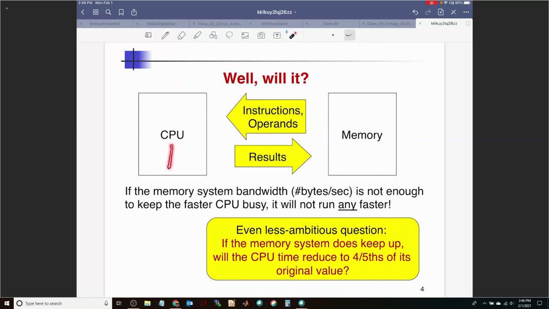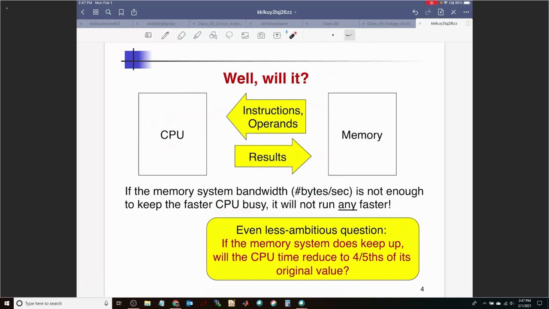that is consistent. However, the time an instruction takes to come from the memory to the CPU and the results to go back into the memory, we don't talk about that. We didn't talk about that, right? So if the memory system bandwidth, which is the bytes per second coming to the CPU and going back to memory, is not fast enough to keep the CPU busy all the time, then it will not run faster, right?